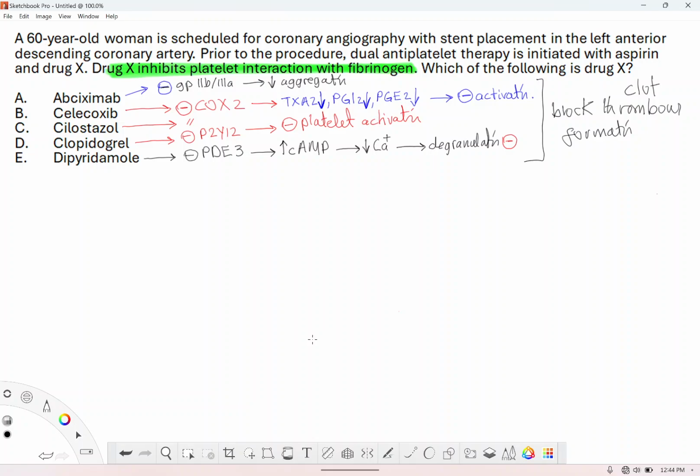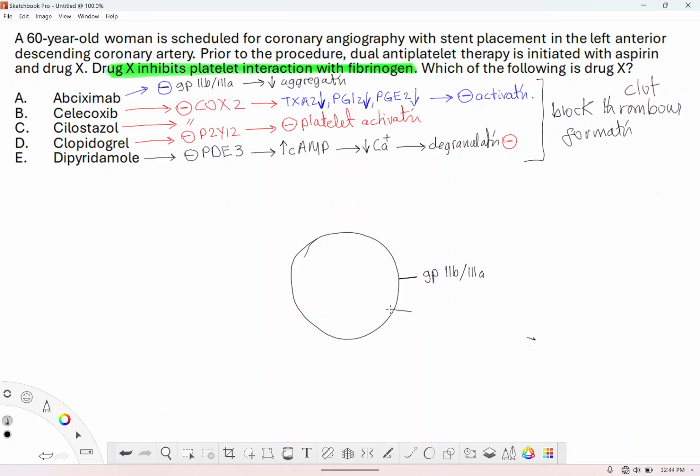Now let's see if I were to draw a platelet. Here is the platelet. On the surface of platelet, we have, let's say, a receptor, and this receptor is glycoprotein 2b3a.